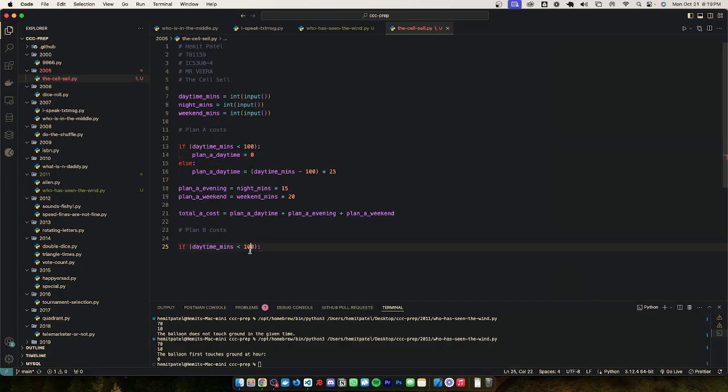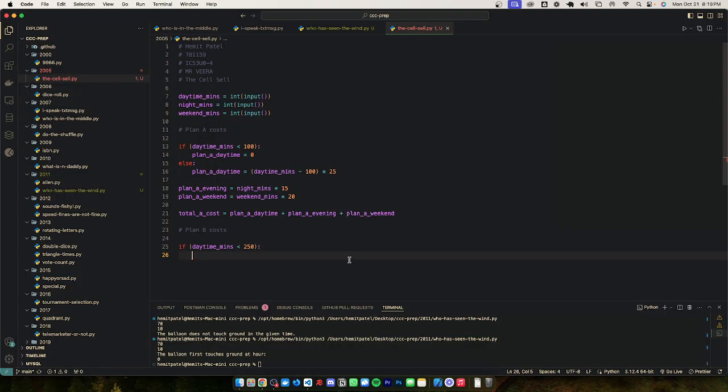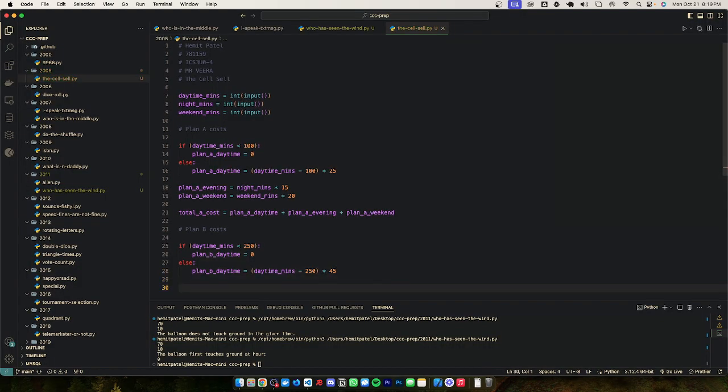It's not 100, it's 250, so you get 250 free minutes. And then if it's under 250 minutes, then you know that it is going to be free, right? Because you have 0. Otherwise, plan B daytime shall be daytime minutes minus 250, because we know it's above 250, so it can be subtracted by 250, and then multiplied by 45 cents. So that's plan B.